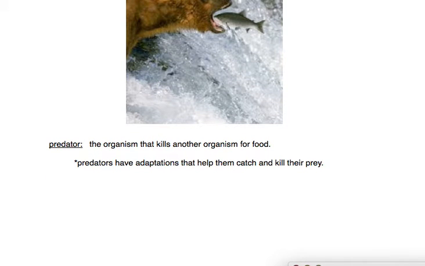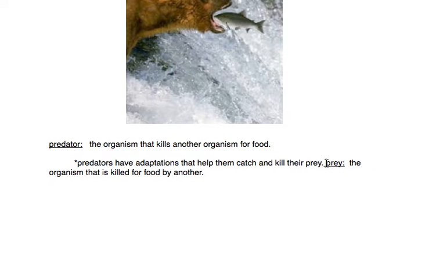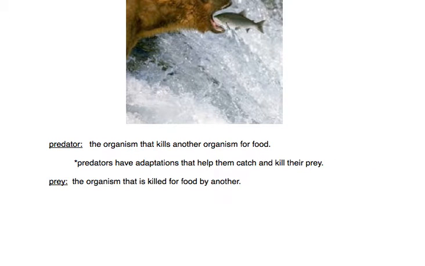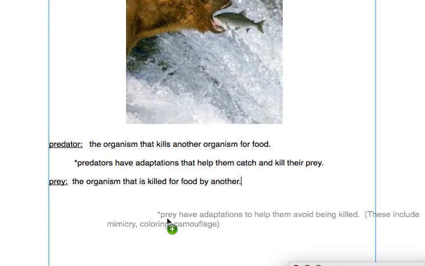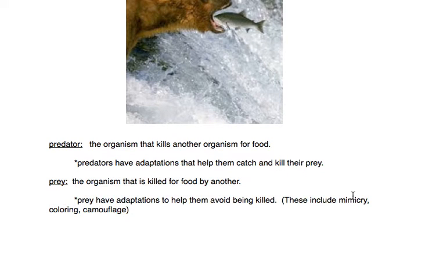The prey is the organism that is killed for food by another. And just like predators have adaptations to kill their prey, prey have adaptations to help them avoid being killed. I've given a couple of examples here of the sort of adaptations prey might have. An example would be mimicry, so they can sound like something else, coloring, camouflage.